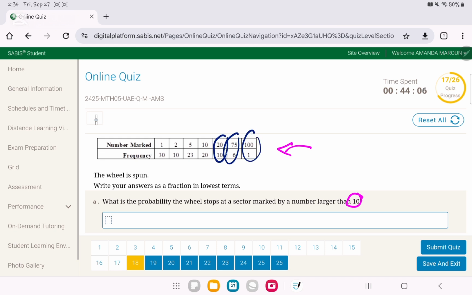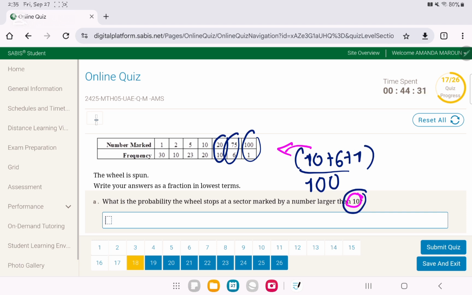So what is the frequency or the probability that the wheel stops at a sector marked by larger than 10? We know that the total is 100 because we have 100 numbers. Okay. So the frequency of getting any number larger than 10 is going to be 10 plus 6 plus 1.